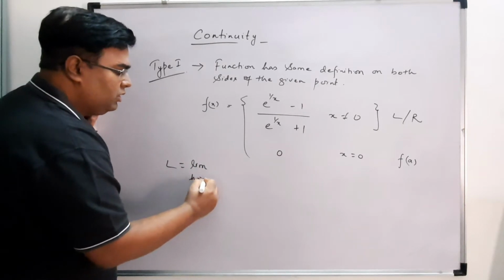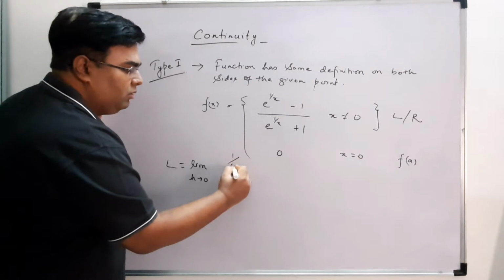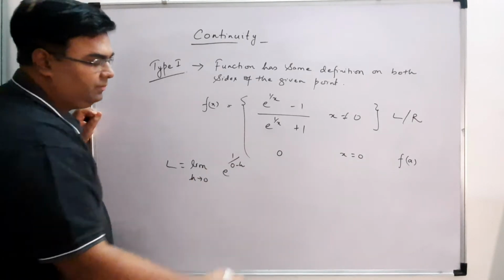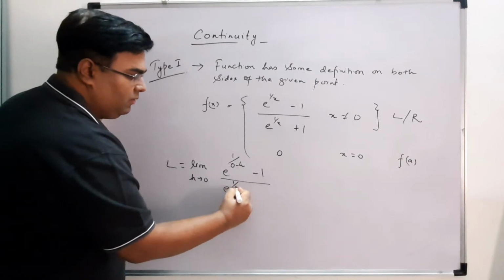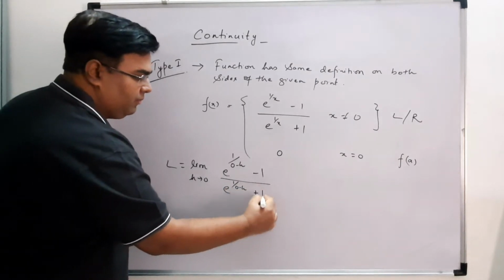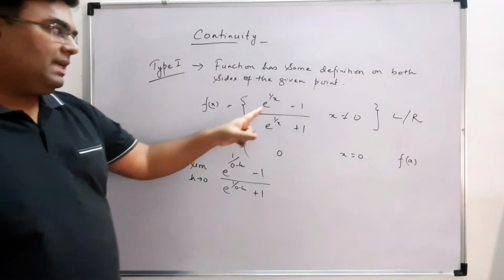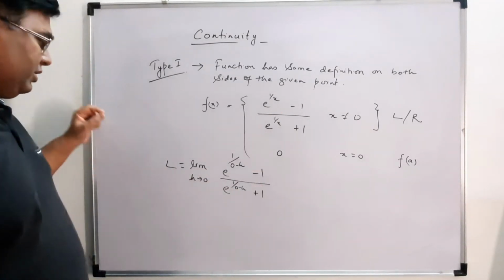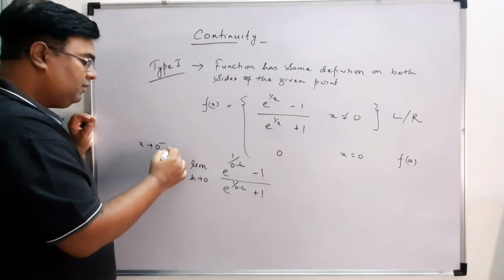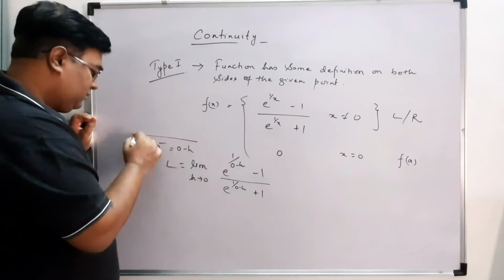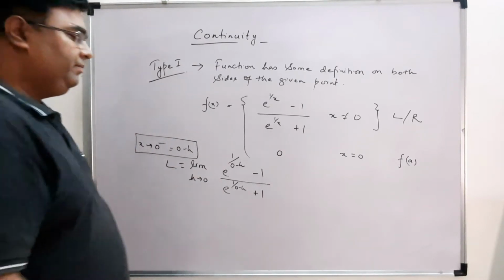h tends to 0, of e raised to 1 upon (0 minus h), minus 1, over e raised to 1 upon (0 minus h), plus 1. This is my left hand limit where I have taken x as 0 minus h. You can write it like here, x tends to 0 minus, which is equal to 0 minus h for the left hand limit.